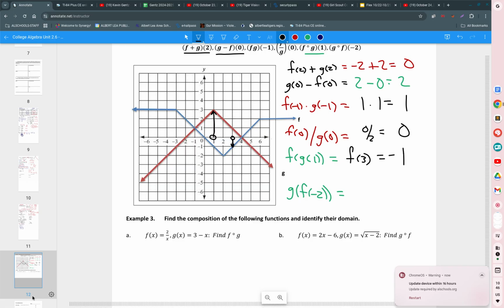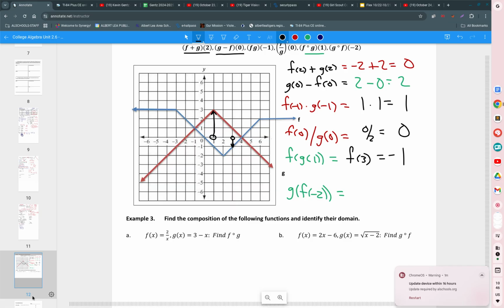Okay, see if you can do the next one. You got g of 1, right? So this is g. You go to 1 here, and then you find the height of g, which would be 3. Since the height is 3, that's where you plug in for f. Then the function is the blue one.